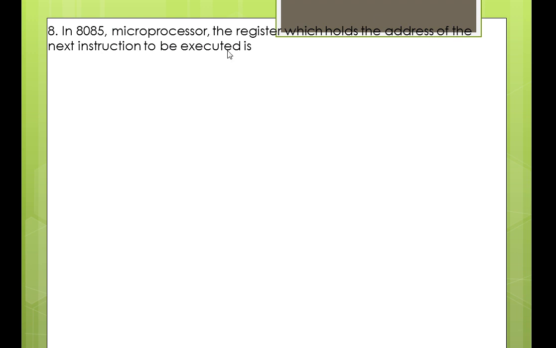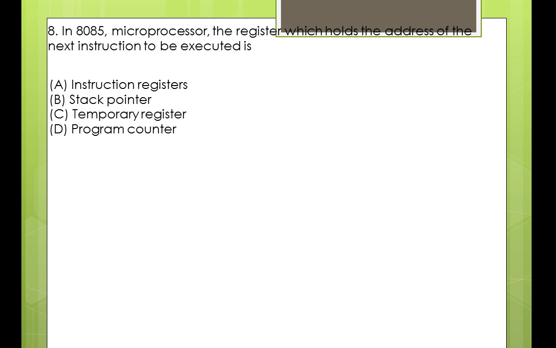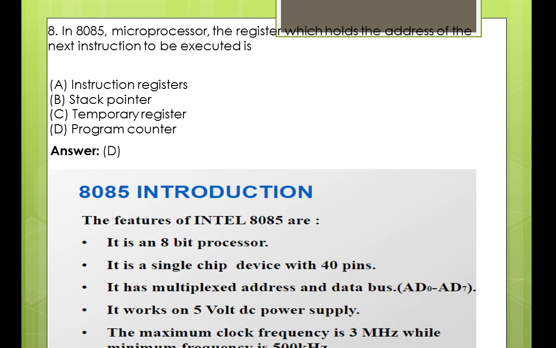The options are instruction register, stack pointer, temporary register, and program counter. So the option is program counter. The program counter is the register which holds the address of the next instruction to be executed.